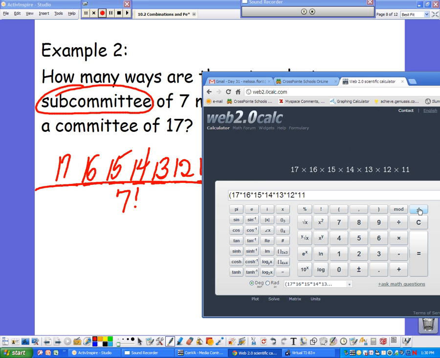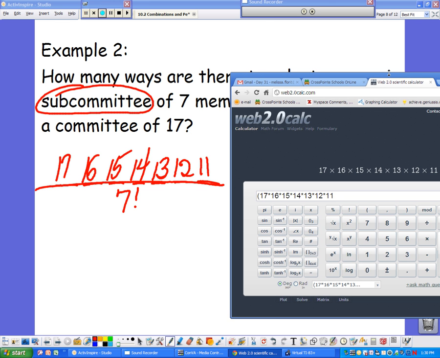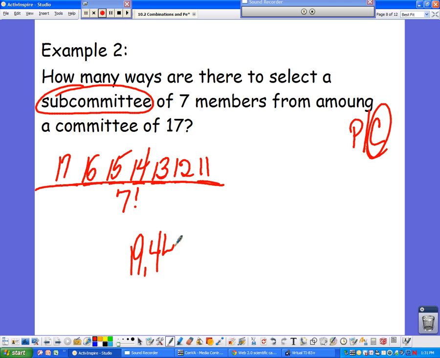There we go. And then we're going to close it and divide by 7 factorial. And we find out we get an answer of 19,448 different ways we can create a subcommittee out of a committee of 17.